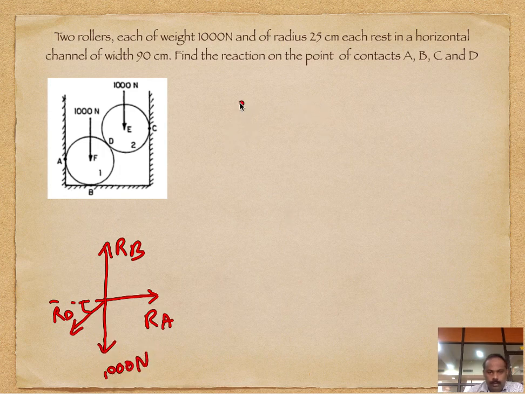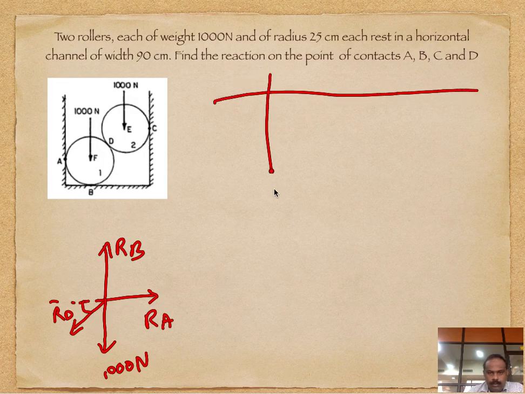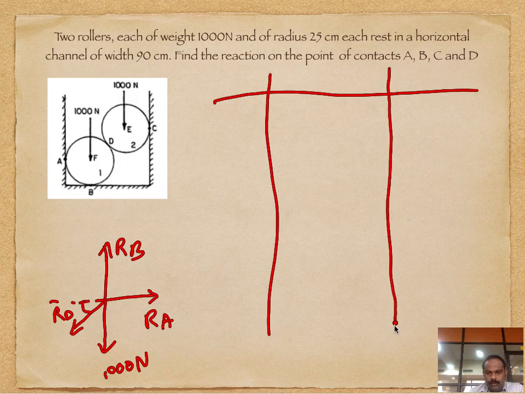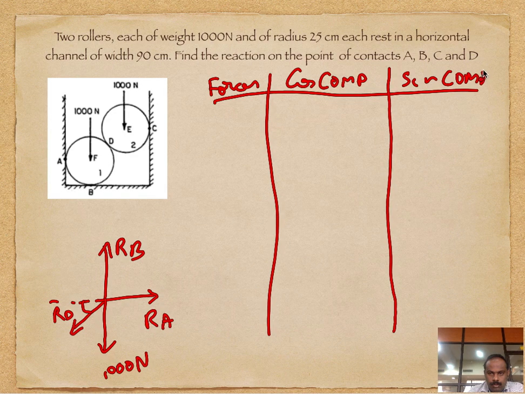It's always better to have this drawn and to separate the components, the cos component and sine component, so as to avoid mistakes in forces. Okay, so we'll do the first force.